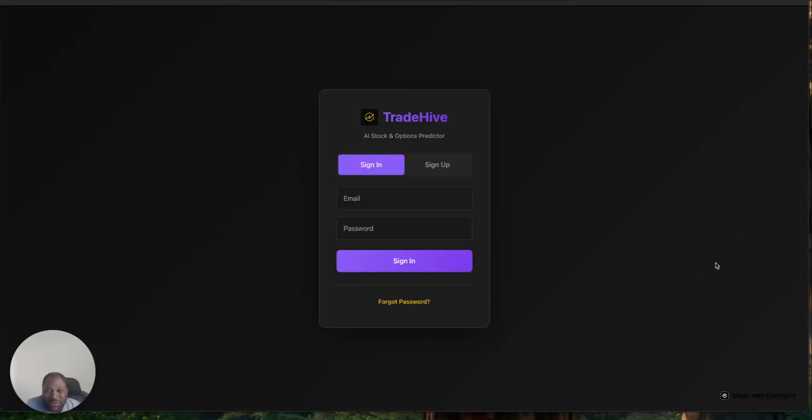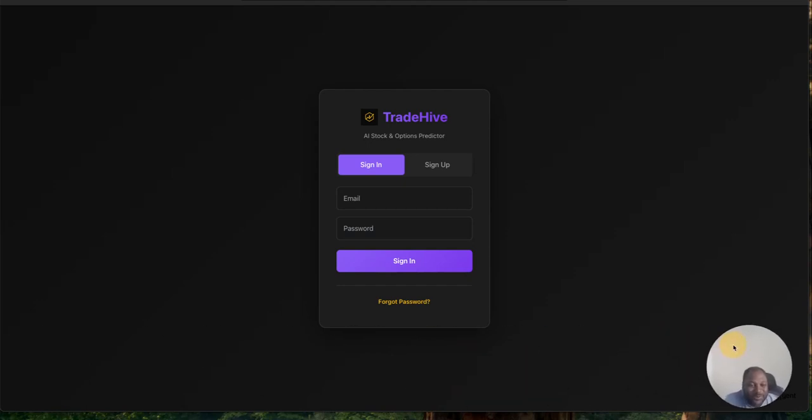I want to show you again the progress I have made with my project, TradeHive. As you know, over the week, I tried to build more. For any of you who has a hobby, you know that when you keep building more, sometimes you can break it, you can fix more, and you can keep adding more.